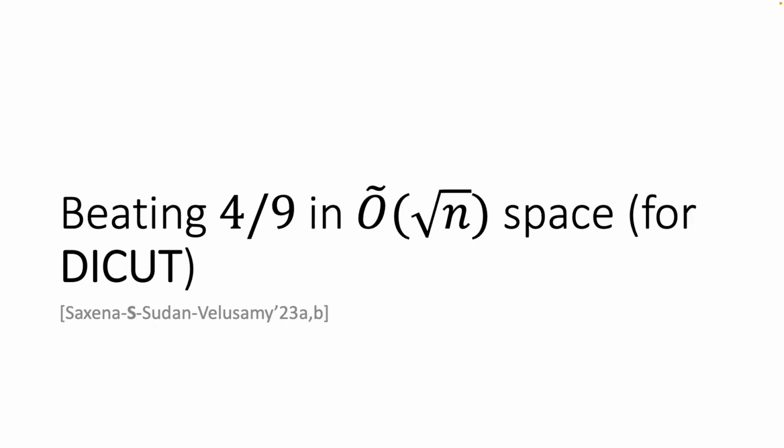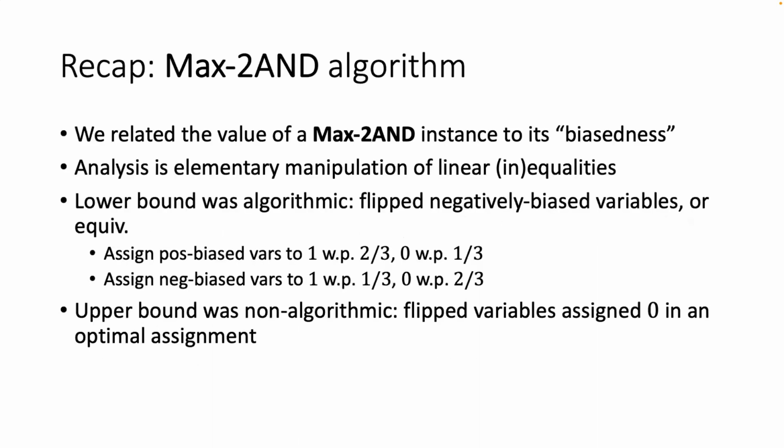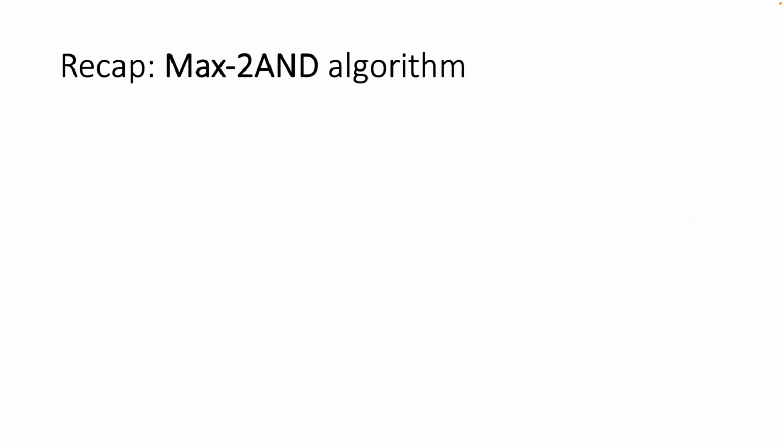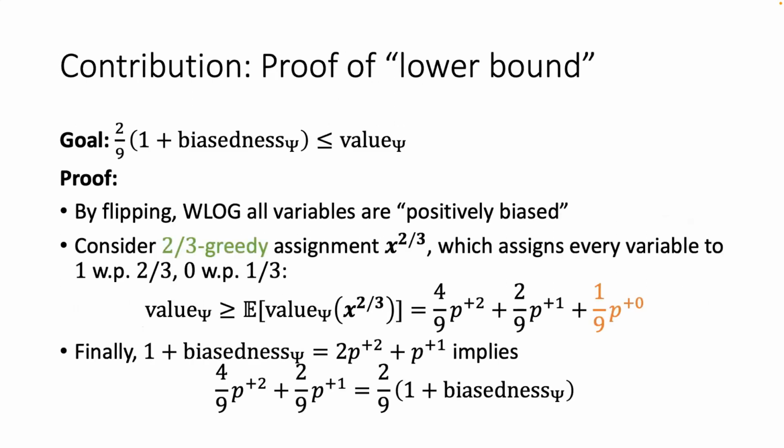Okay, so my general impression is that I have no idea why this analysis works in a convincing way. So in one of the papers that we had, we showed that some similar thing happens, not just for 2and, but for kand and for some other symmetric CSPs, monotone or some threshold functions and different things like that.